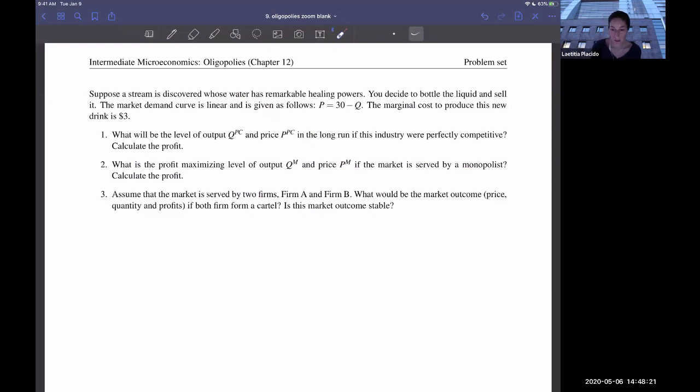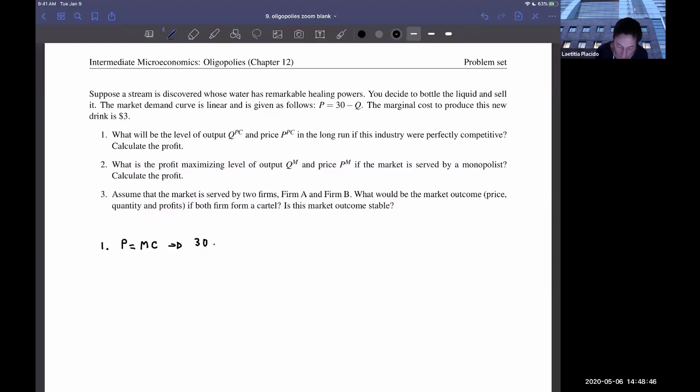So how do we do that? For question one, as usual, when you are in a situation of perfect competition, you are going to set price equals marginal cost. That is going to give you your equilibrium.